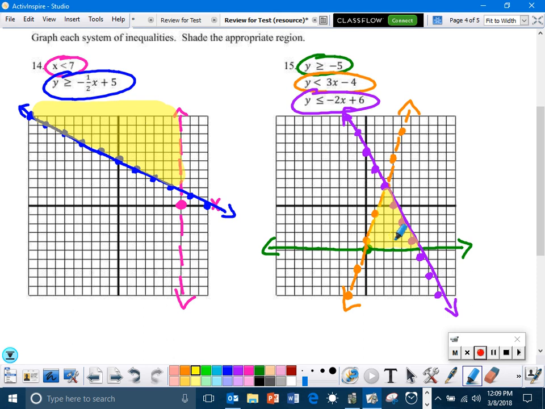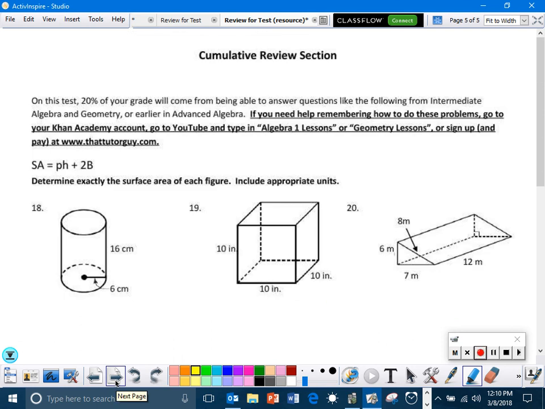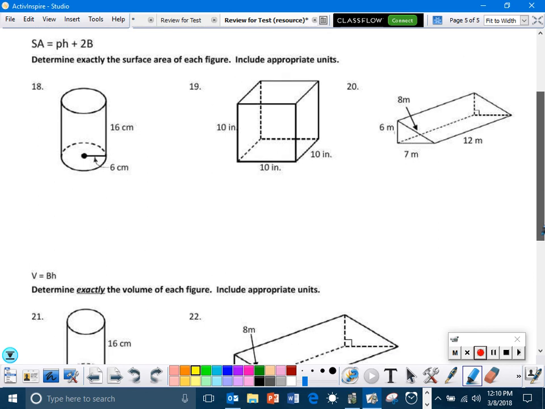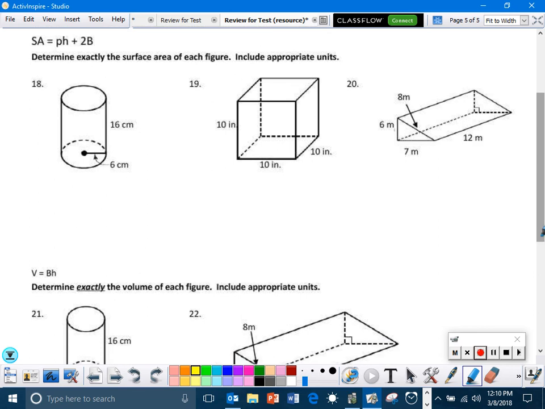All right. And finally, the last section, which is going to be on the surface area and volume again, because we need to do better on this. So copy very carefully so you have good notes when you're taking the test. All right, so here we go. We've got a cylinder.